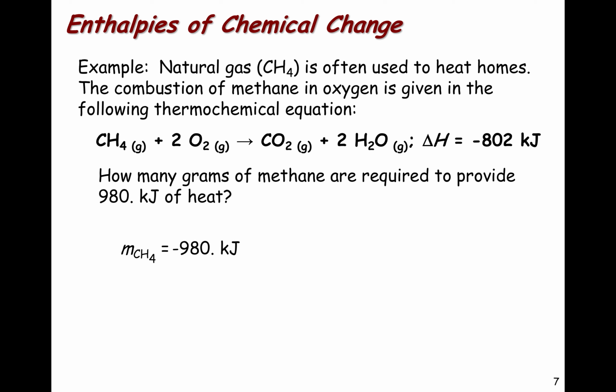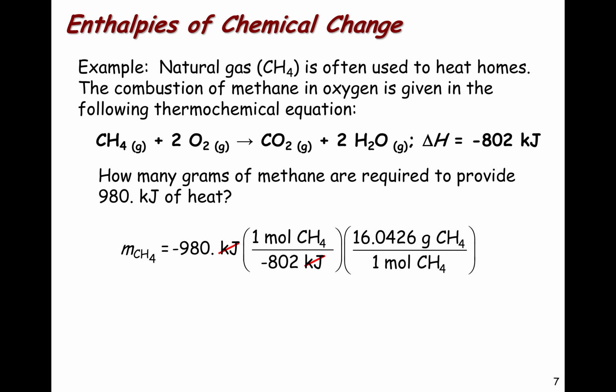We use our heat of the reaction to convert between the kilojoules, the amount of heat, and the moles of the methane. So for every 1 mole of methane, it produces 802 kilojoules. And so the kilojoules will cancel.